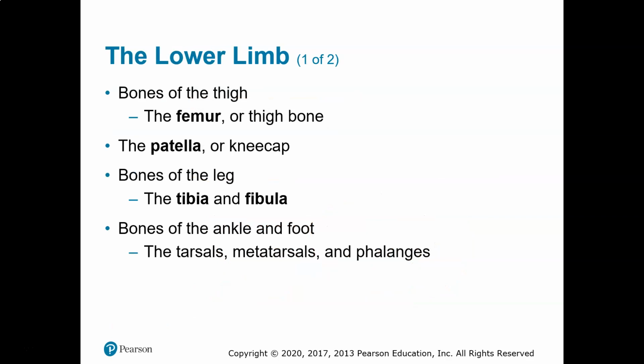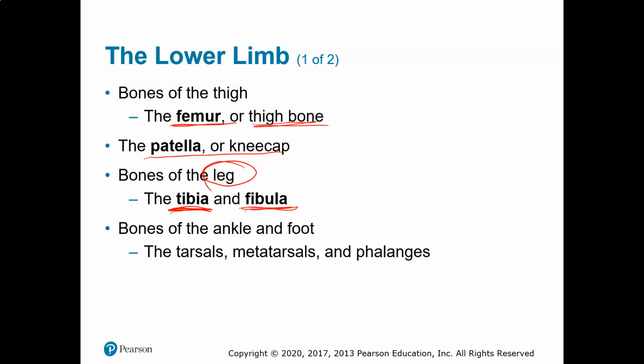The lower limb bones: the thigh bone is called the femur, and we do call the upper leg the thigh. We don't call it the upper leg. The kneecap is the patella, and then the portion of the lower limb that we refer to as the leg is actually the lower leg, and it contains the larger, more massive tibia, your shin bone, and the fibula, which articulates, and it's on the lateral side of the tibia.